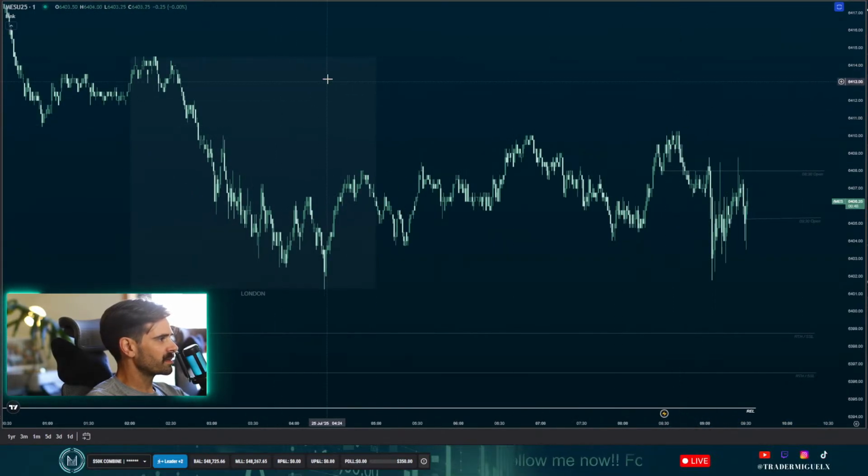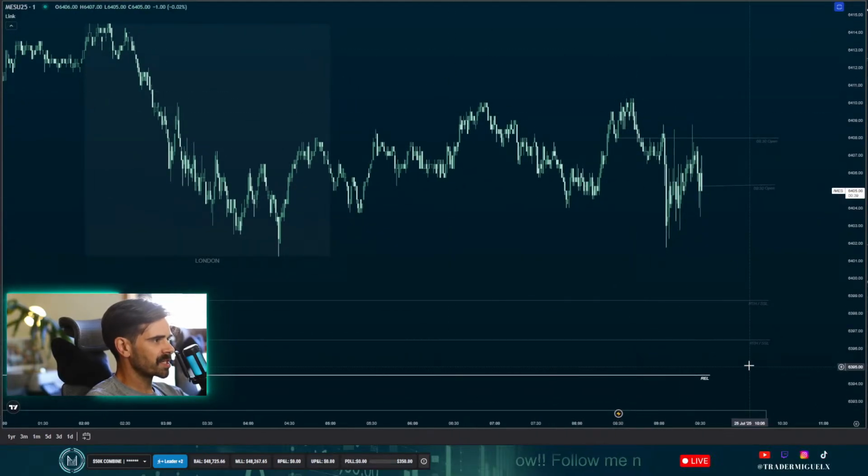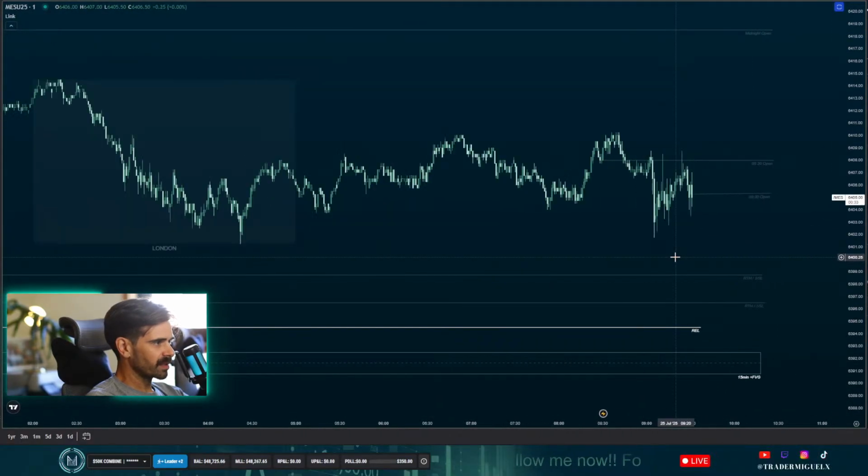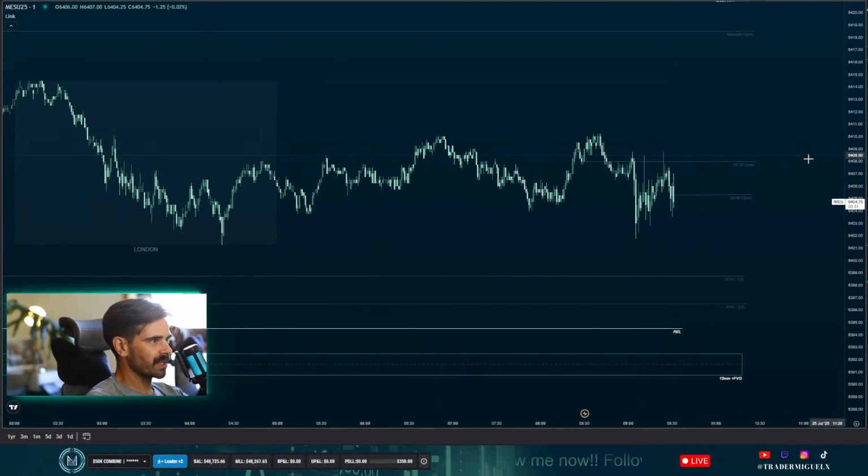I wouldn't mind if we took the London highs as well, since they are somehow relative equal, and then eventually initiate a drop down. But we will have to wait a little bit more to see things develop, and that would be the plan for today's action.